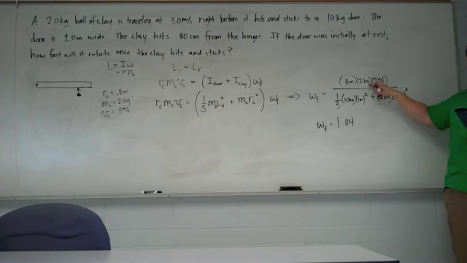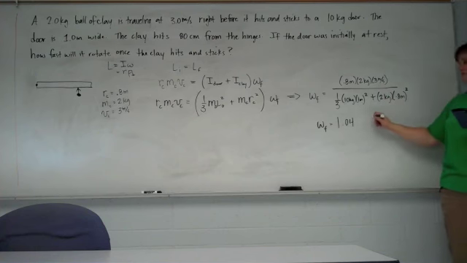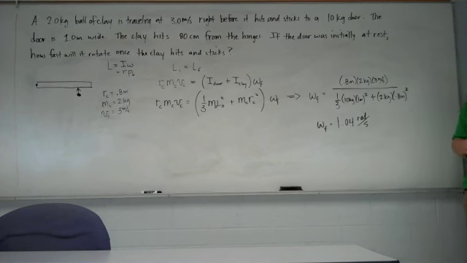Units. The kilograms are going to cancel. The meters, meter squared on top cancels with the meter squared on the bottom. That leaves us with per seconds. The radians are implied. Okay, so our units are radians per second on that.